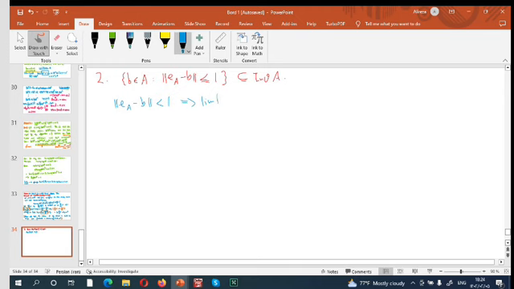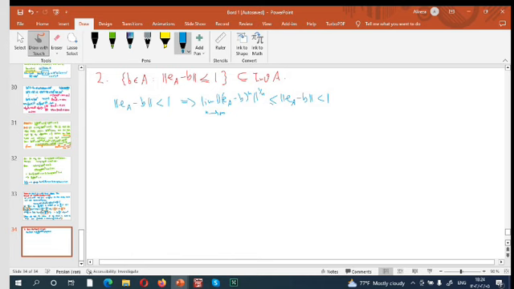This limit is less than or equal to the norm of EA minus B, and this is less than 1.